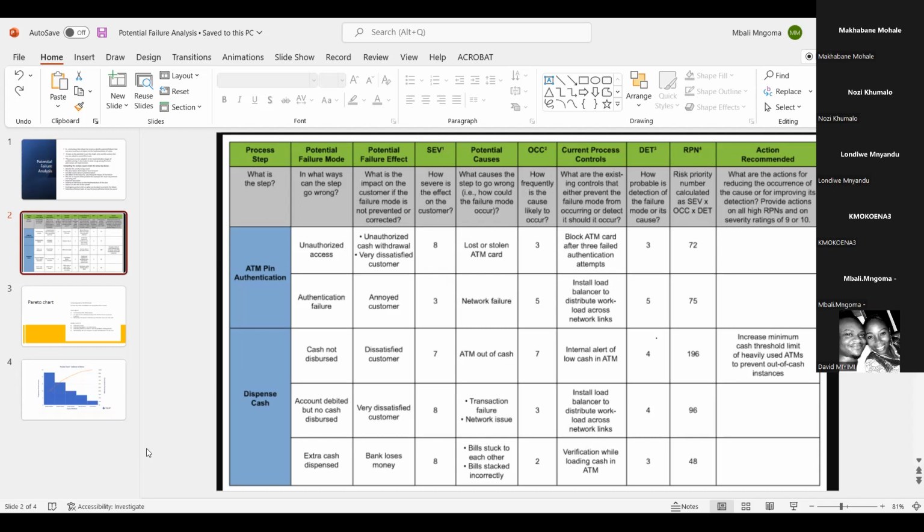Yes, I have another question. Under the SEV column, what do those numbers represent? I can see 3 under authentication and 8 under another. I'm not sure what those represent, I'm just showing you an example. Under 8, it says how severe is the effect on the customer? It says 8 and 3.